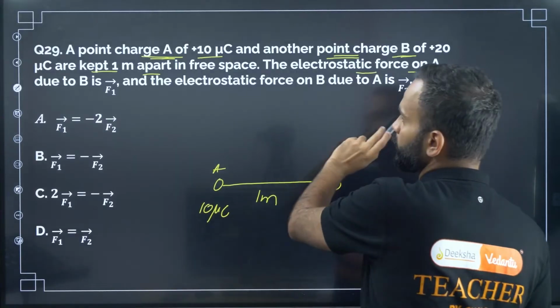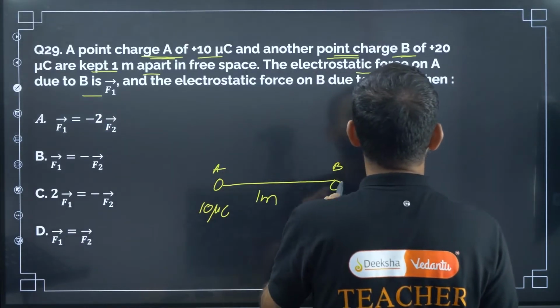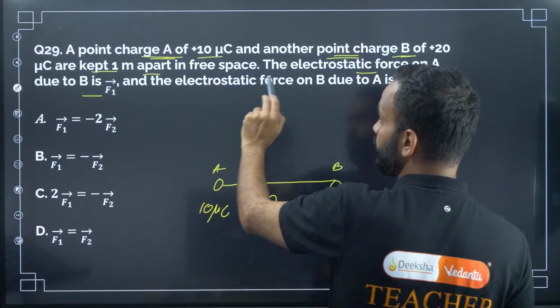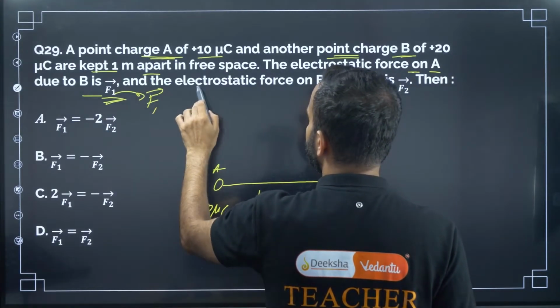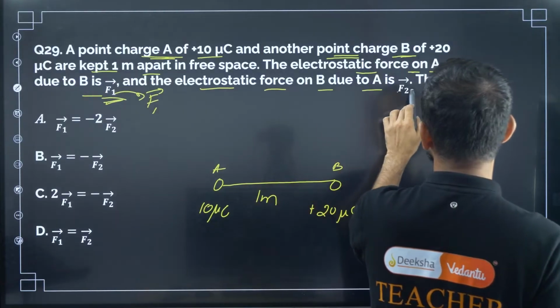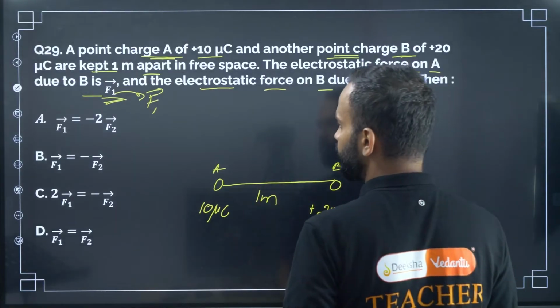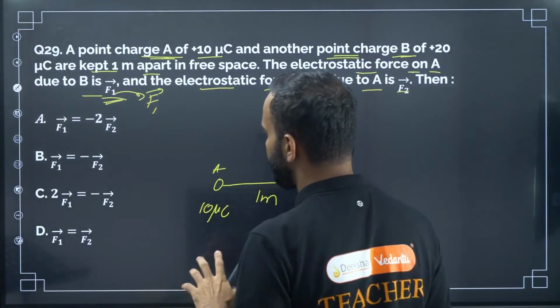The electrostatic force on A due to B is F1 vector, and the electrostatic force on B due to A is F2 vector. Then F1 is equal to minus 2F2.